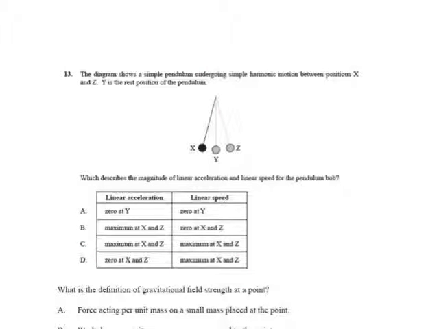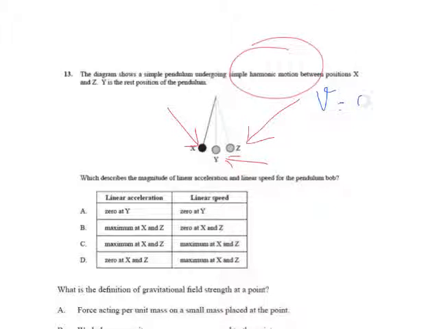The diagram shows a single pendulum undergoing simple harmonic motion. Y is the rest position here, so which describes the magnitude of linear acceleration and linear speed? The important thing to remember is that whenever you have a pendulum movement or spring oscillation, any simple harmonic motion, at the extremes you always have v equal to 0.